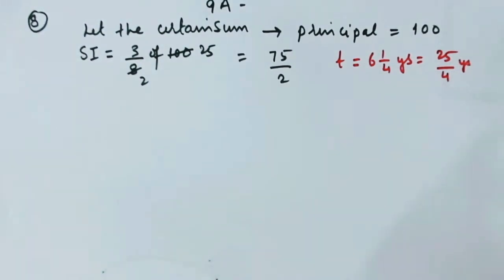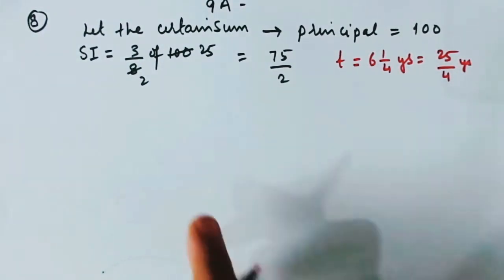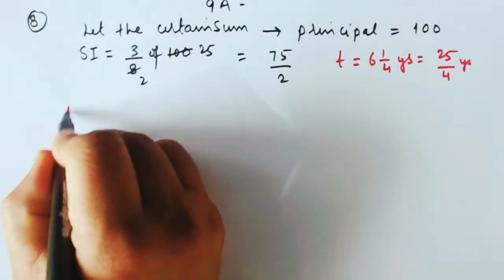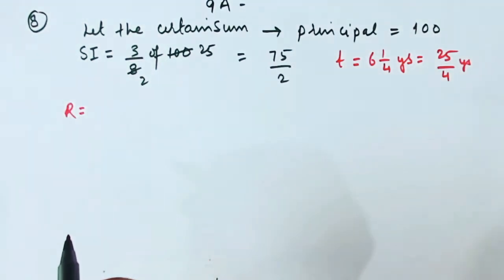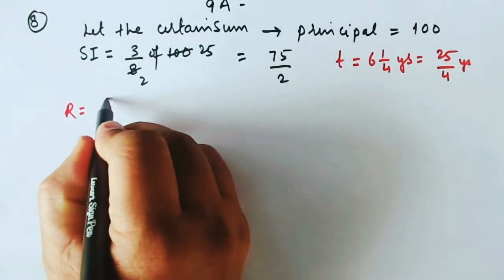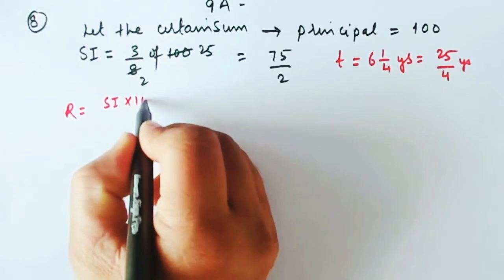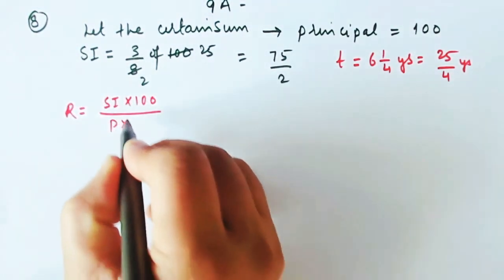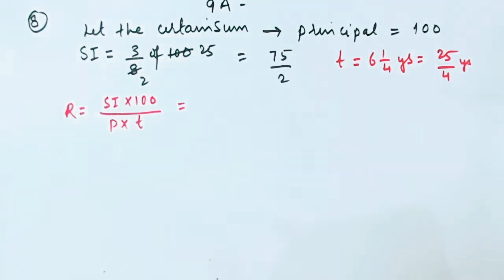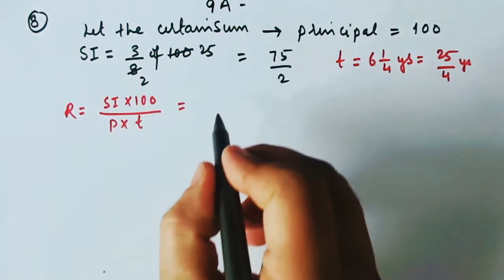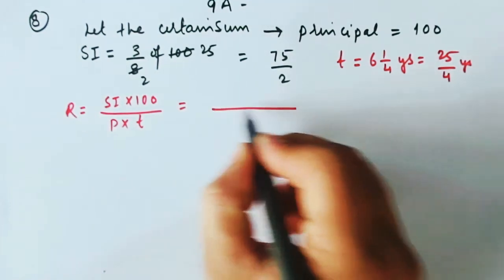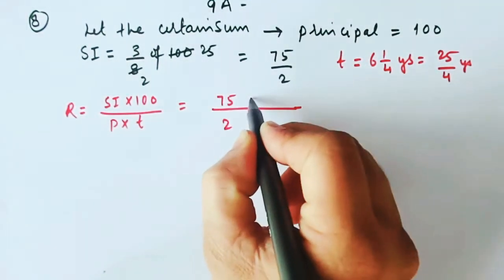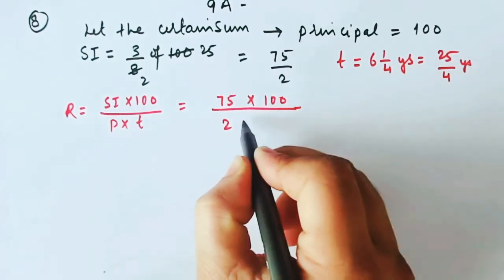Clear? Now, the simple interest is 3 by 8 of this sum. They have given this. Find the rate percent. Can't you find the rate? We have only one formula: SI into 100 divided by P into T. Just put the values. SI is equal to 75 by 2, into 100.